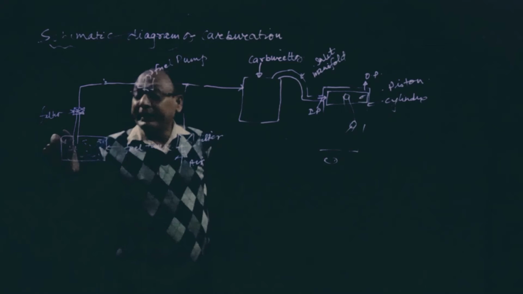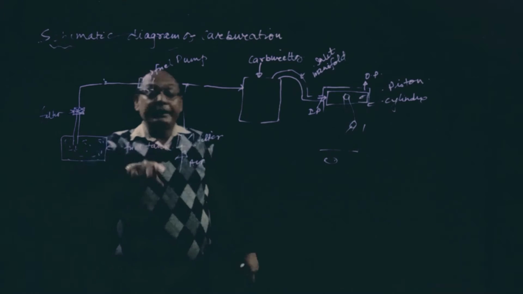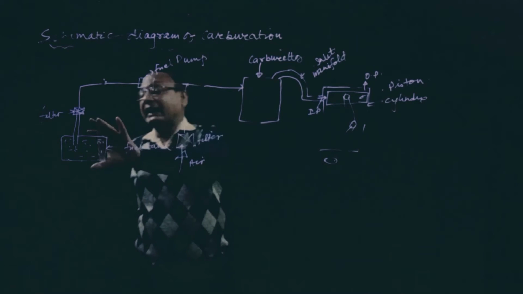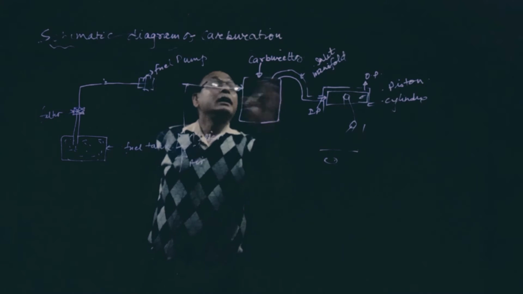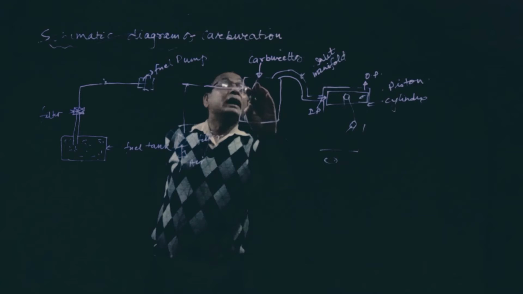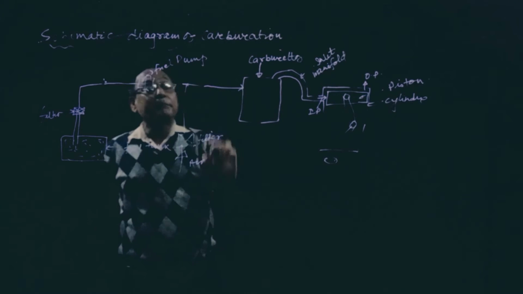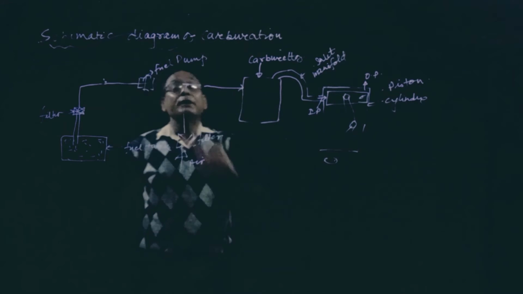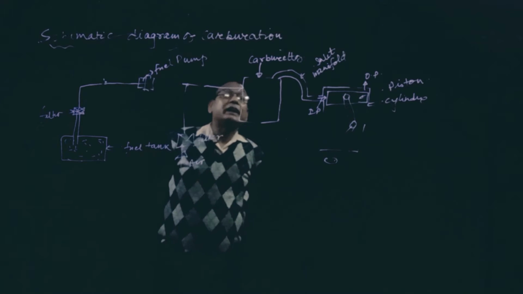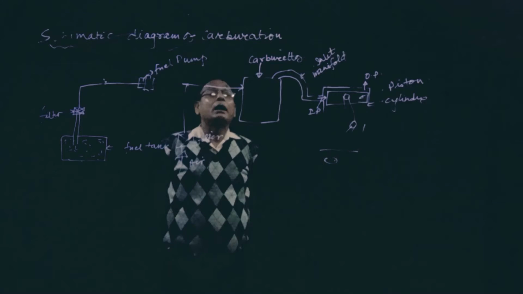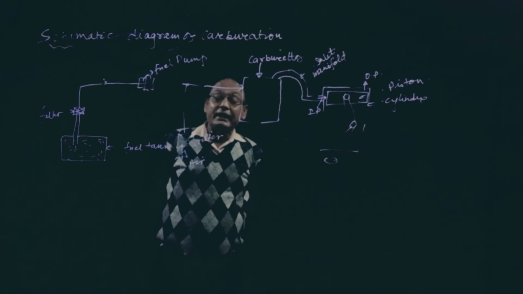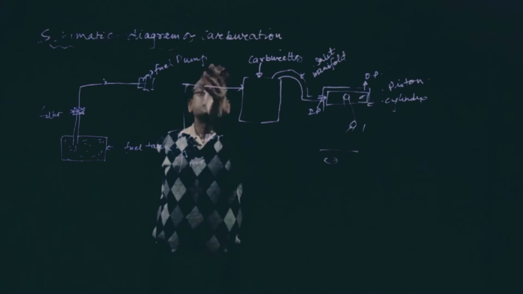First air will be filtered, and this fuel is also being filtered, and fuel is coming to the carburetor by the help of fuel pump. Before entering into the carburetor, the fuel pump injects the fuel, and air also mixes.